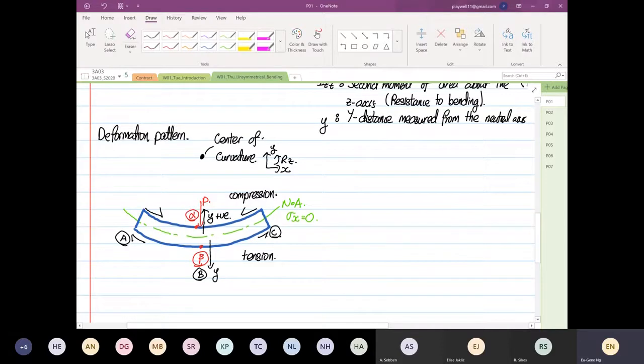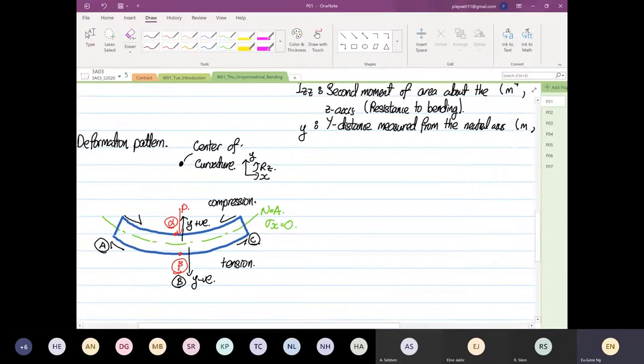Okay. So for this fact, what we see now, if we write stress x, we want to find stress x at point alpha, and we know for this case y is equal to what? Y is positive.